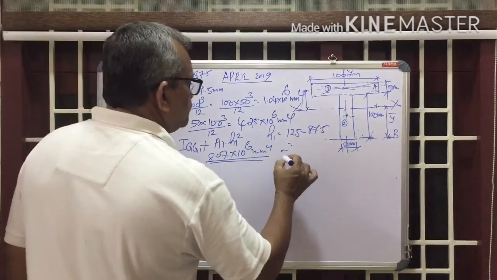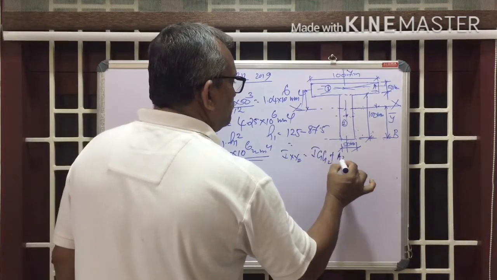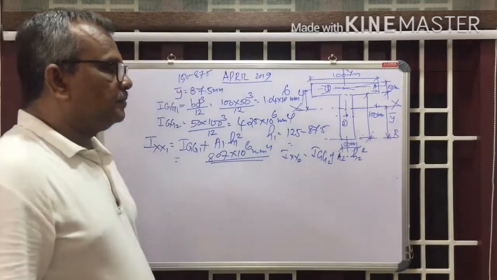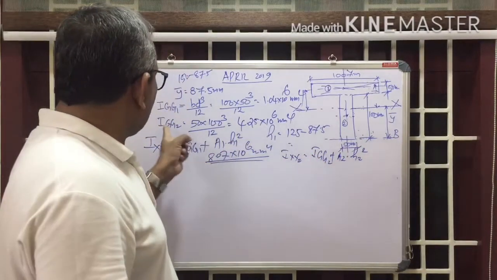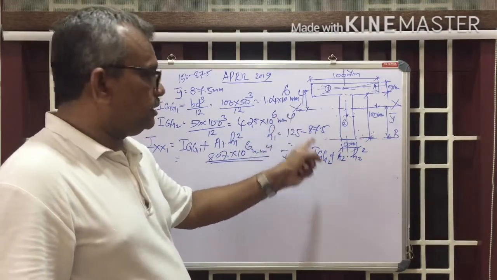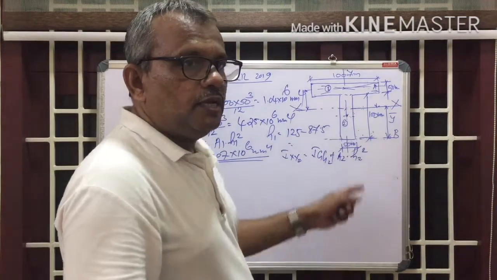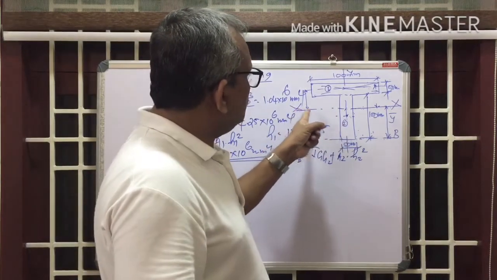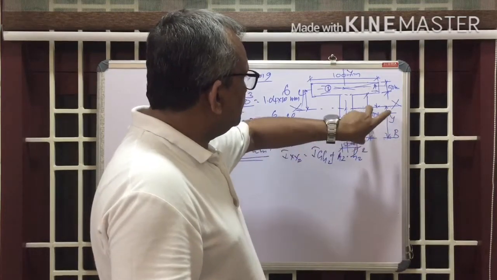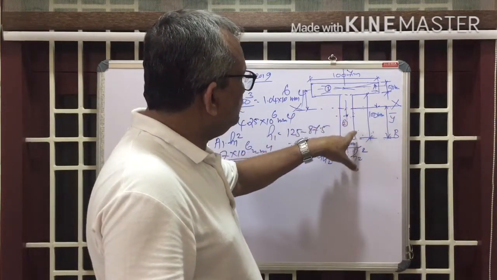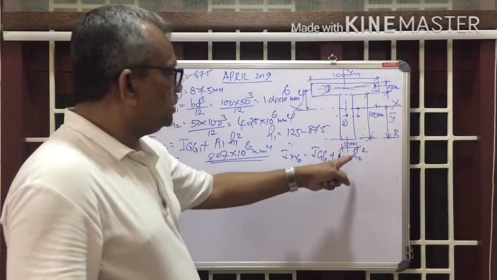Similarly, you can find the moment of inertia of the second rectangle about xx. Ixx2 will be equal to the same IgG2 plus A2, the area of the second rectangle, into h2 squared. A2 is 50 into 100. IgG2 we already calculated, 4.25 into 10 raised to 6. And h2 is the distance between the two axes, that means between xx and gG2. Here this is 87.5 and this one is 50 mm, so 87.5 minus 50 will give you h2.